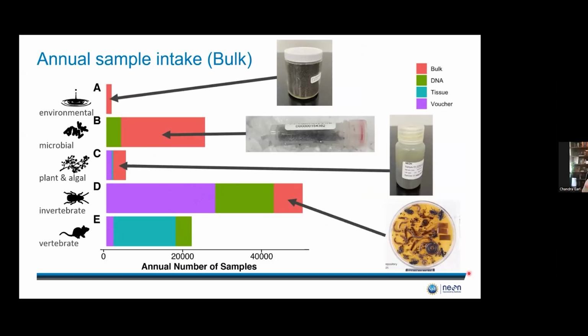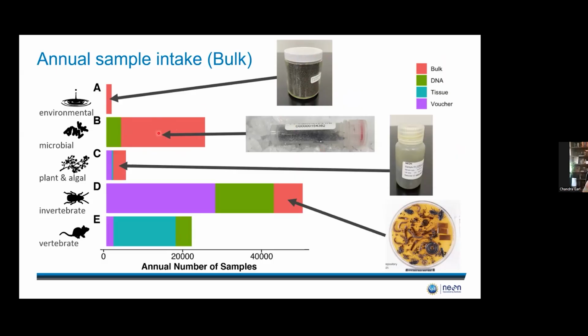The second largest sample type is a bulk sample type, here in orange. This means that the samples have not been separated out into individuals, although there might have been subsets taken out and analyzed from each of these. This includes the environmental samples that we get, so the soils, the precipitation, those dust samples. But the second largest intake is primarily due to the soil microbe samples that we receive.